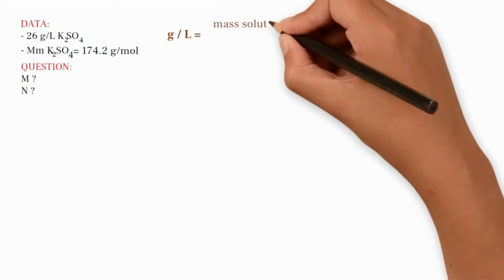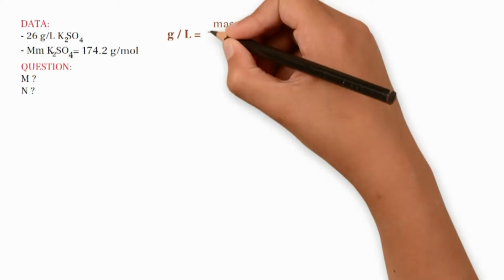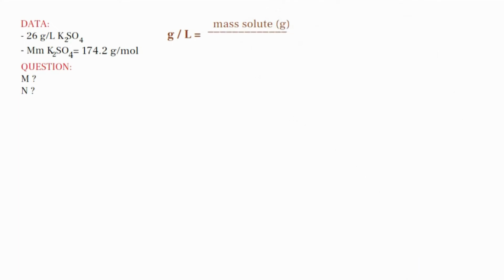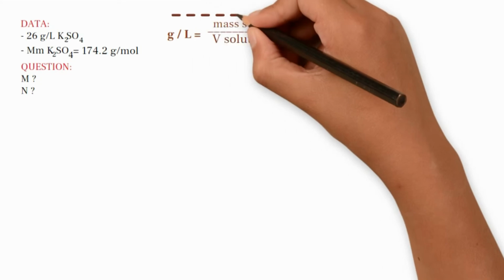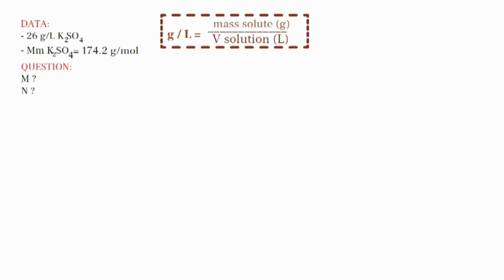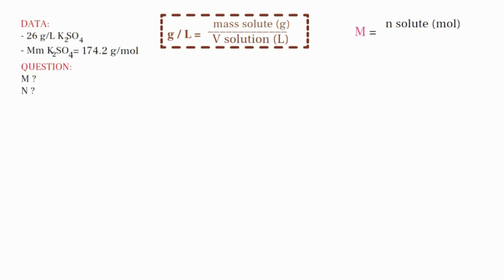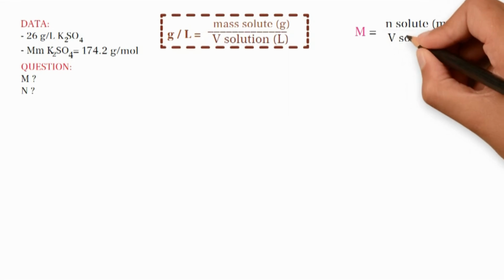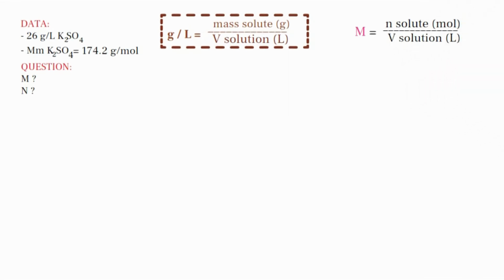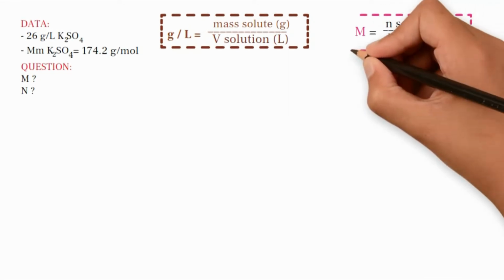Gram over liter is the mass of solute in grams divided by the volume of solution in liters. Let's frame it, and then let's see what is molarity. Molarity is the mole of solute divided by volume of solution in liters. Let's frame also this one.